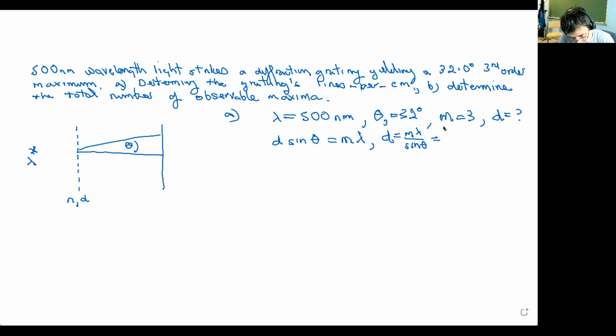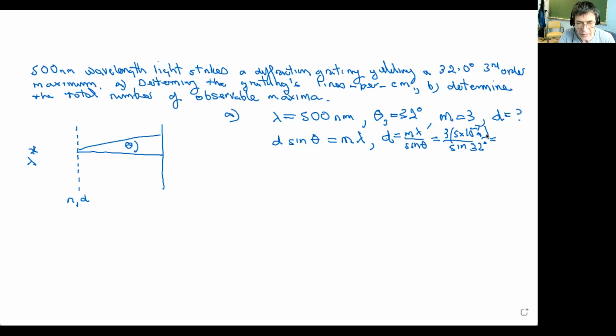We've got 3, that's the order of the diffraction maxima that we're considering. We've got 5 times 10 to the minus 7 meters. That's the wavelength of the light. And then we've got a sine of 32 degrees, the angle of the maximum.